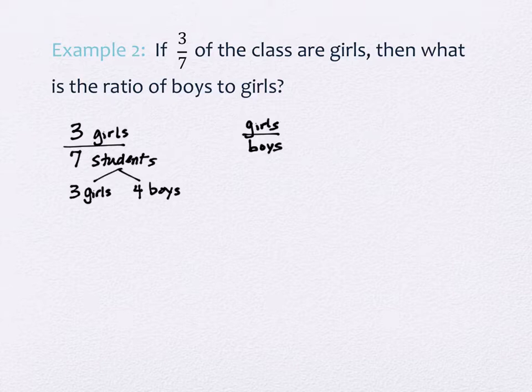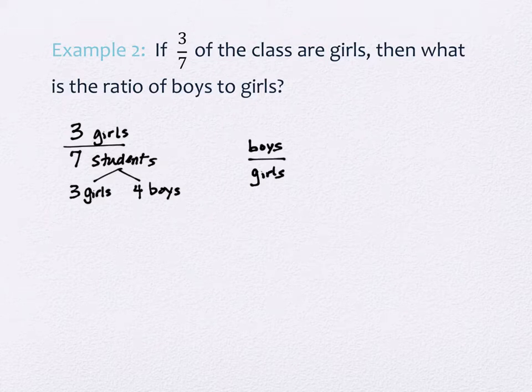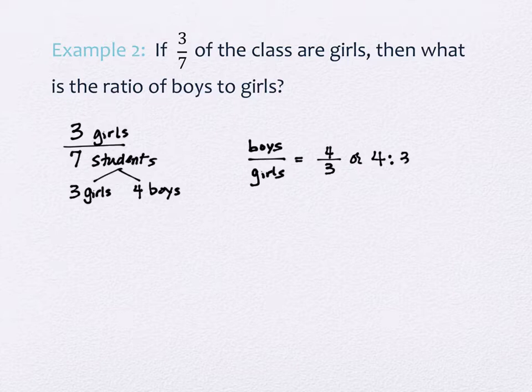My girls are still 3. I'm sorry, the question asked for it, boys to girls, didn't it? My apologies. We'll move this one down. Okay, it wanted a comparison of boys to girls. Okay, so my girls were still 3, so it's now on the denominator. And what are the boys? That was 4. So this is 4 to 3 like this, or you can write 4 to 3 like this. So pay attention to the ordering because I almost missed it.